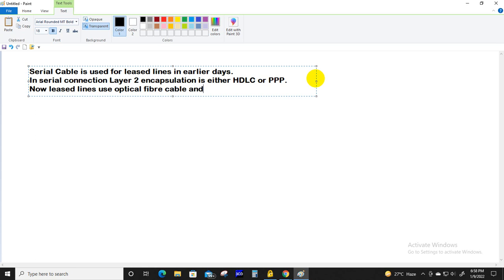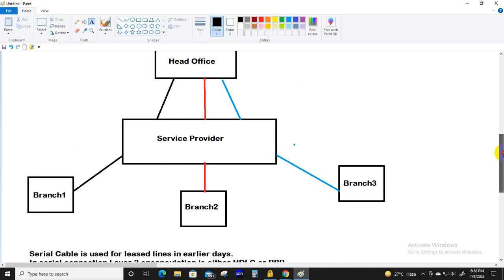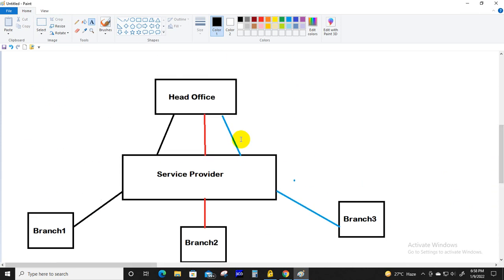And the layer 2 encapsulation is Ethernet. That means these connections were serial in earlier days, but now these connections are optical fiber connections.